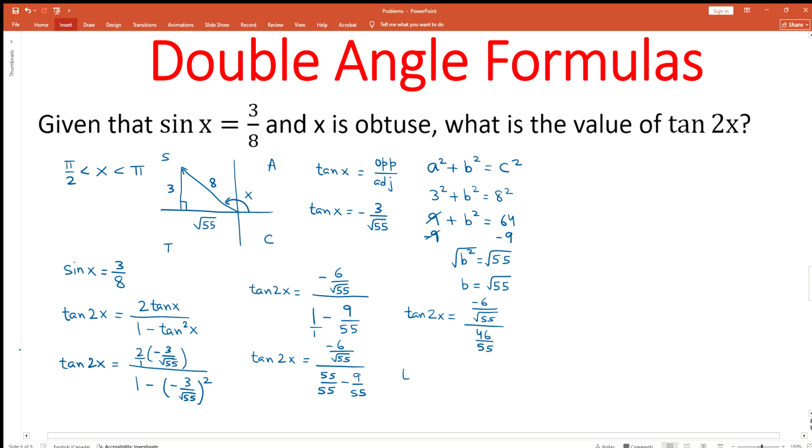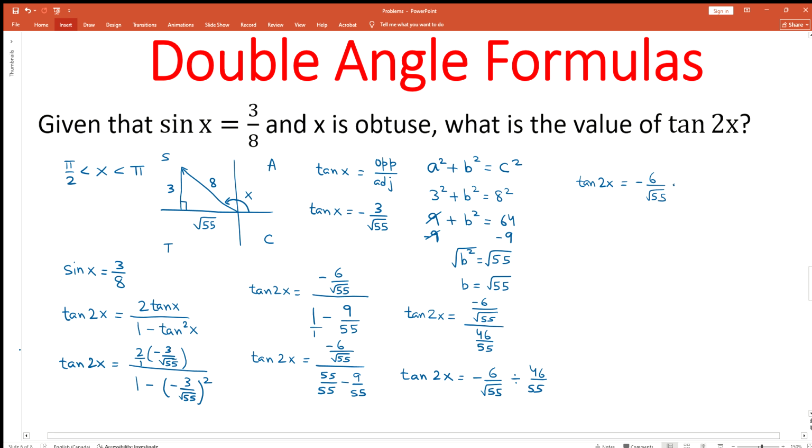Next, we can simplify this term by writing it as a division statement. I get negative 6 over square root 55 divided by 46 over 55. Next, we can change this division statement into a multiplication statement.